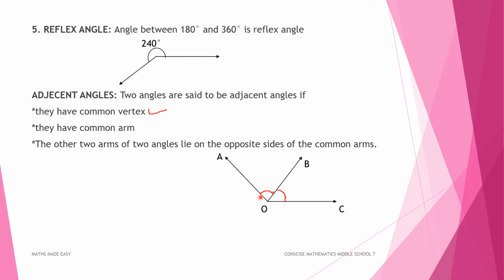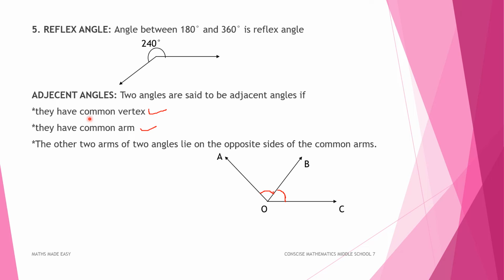Is OA common? No. OC? No. But OB is common. In angle AOB, OB is there, and in BOC, OB is there. In both of them you are getting OB, right? So there is a common arm.